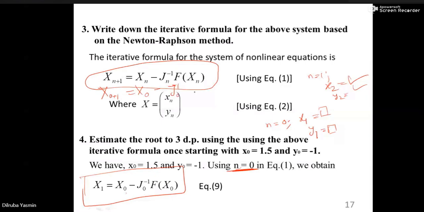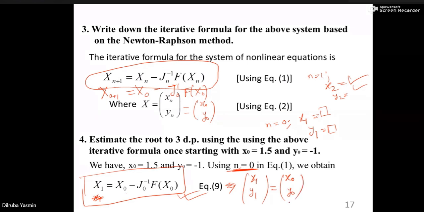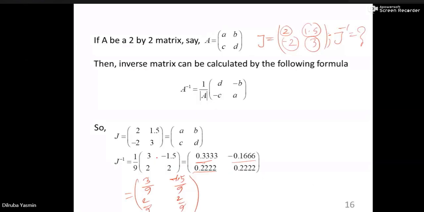You write x naught, y naught, because you get suffix 0 here. Next, minus. What is the inverse Jacobian matrix at n equal to 0? This one, isn't it? You have to insert this here.